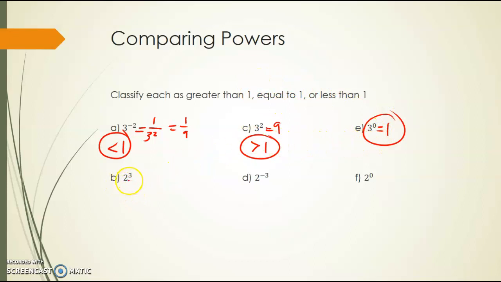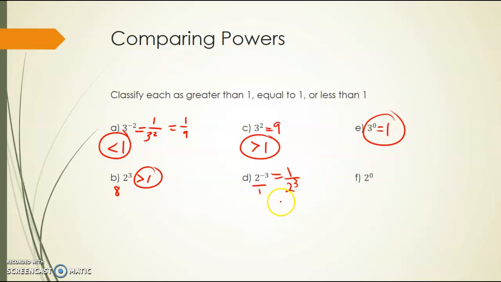So then when I'm looking at these to the 3rd power, it doesn't matter that the base changed. This being positive, it is greater than 1 because that's going to be 8. This being a negative exponent, just like up here, because it's negative, it's going to move from the numerator to the denominator.